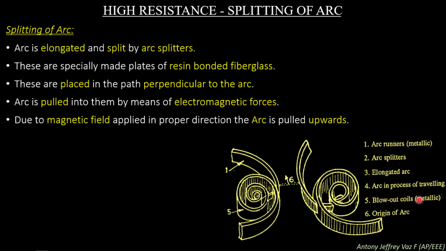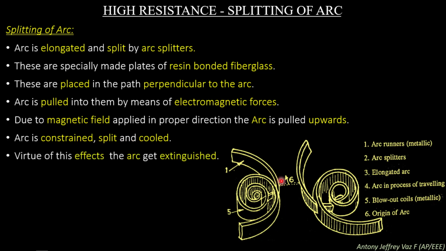These blowout coils should be excited in a proper way so that the arc starts to move upwards. Now the arc is constrained, split and cooled. By virtue of these effects, the arc gets extinguished.